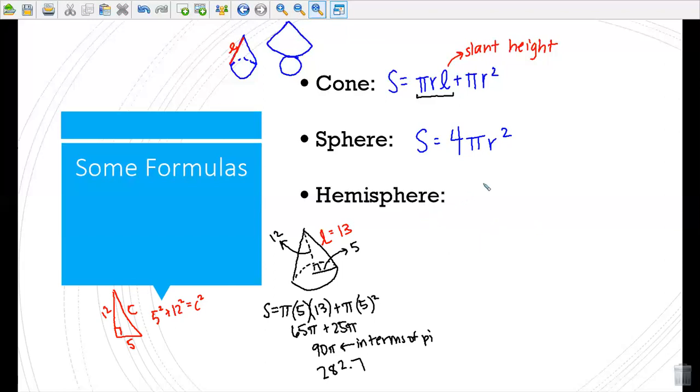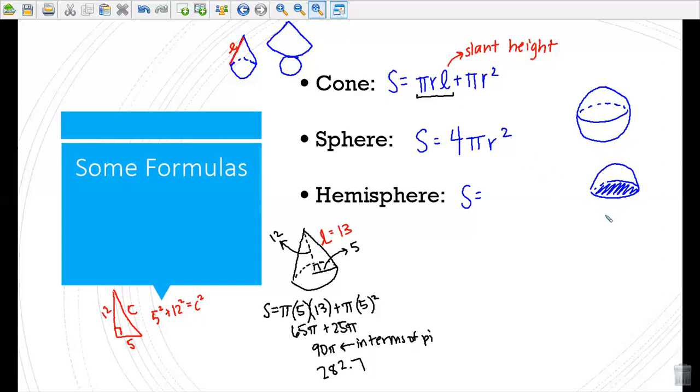And then a hemisphere, you would think, would be half of that sphere. But if I take my sphere, which is all nice and rounded, and then I cut it in half to get my hemisphere, a hemisphere adds a base that the sphere does not have, because the sphere doesn't have any bases because it's rounded.